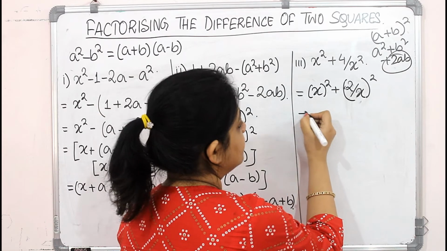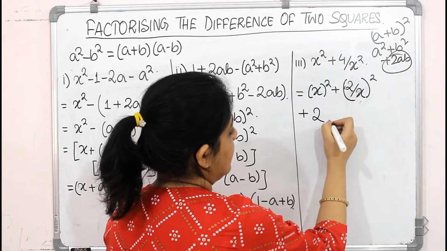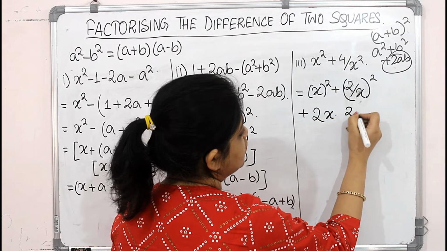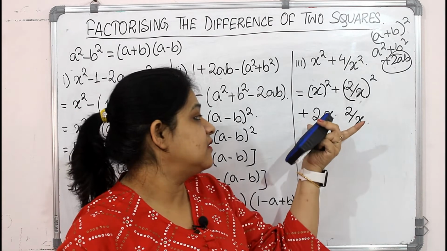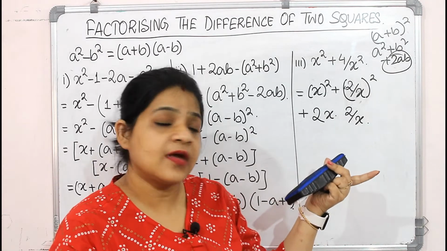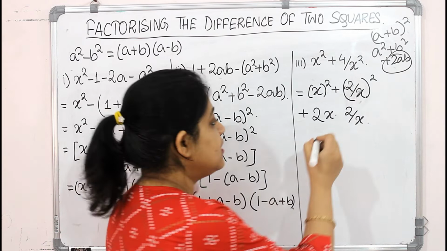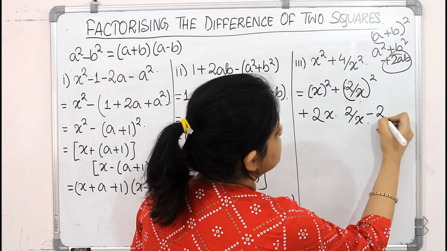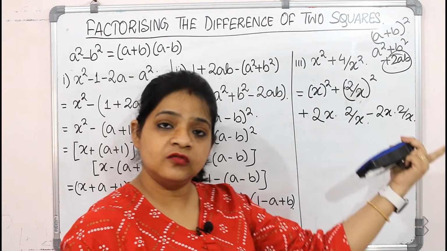So if I add this part, a into x into 2 by x, I can prove it, but I can't just write it as plus 2x. I have to subtract it so that you are left with only the final term. So if I do minus 2 into x into 2 by x, plus minus it will be 0.